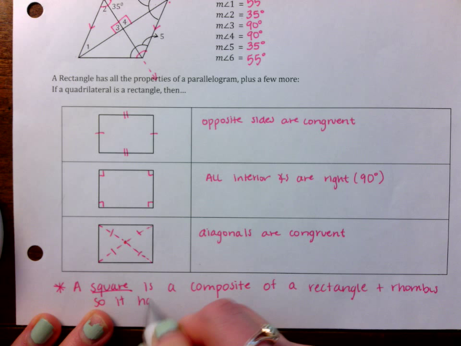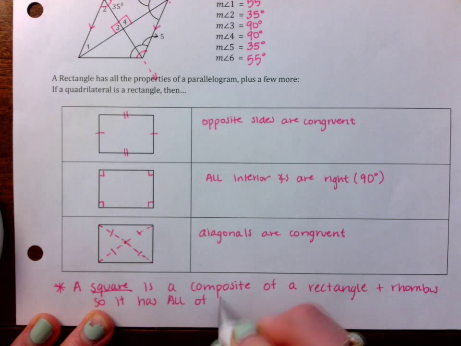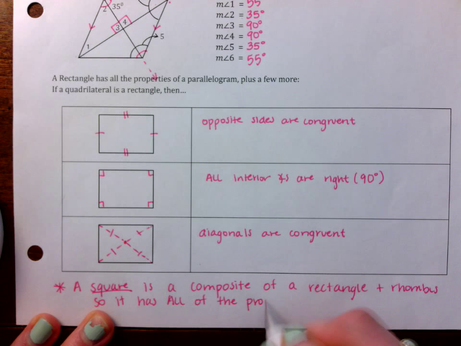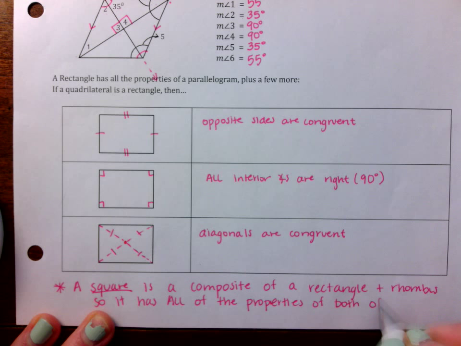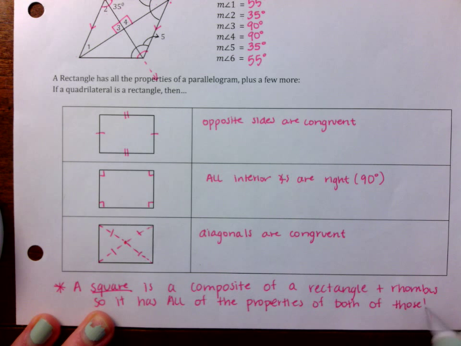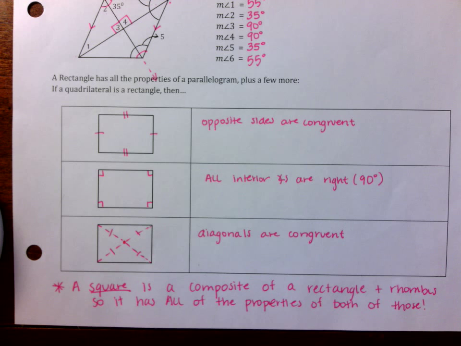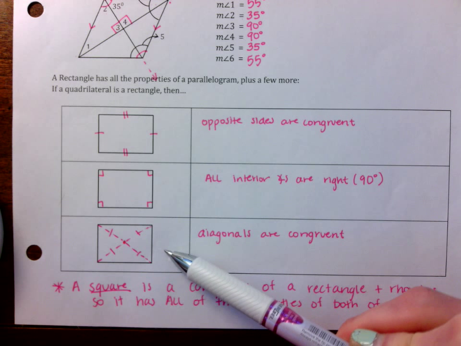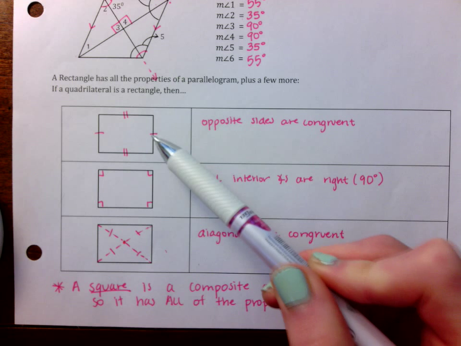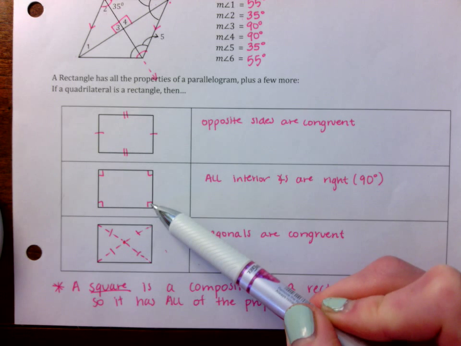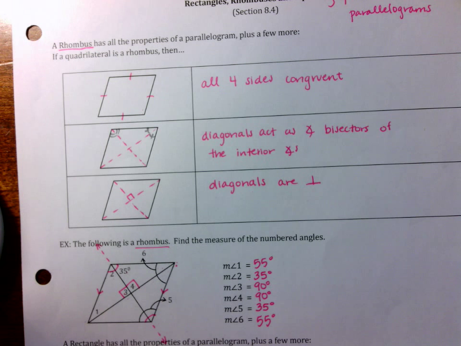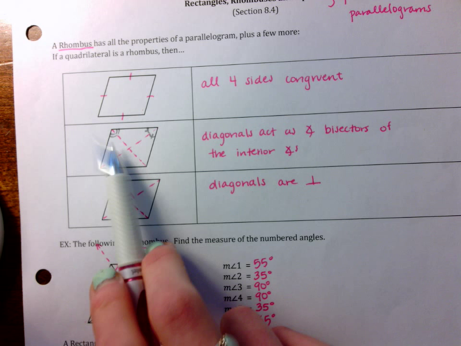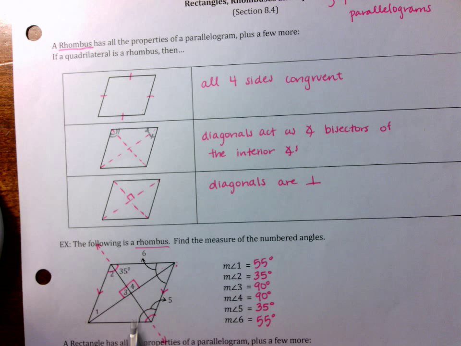So it has all of the properties of both of those. So not only does a square have diagonals that are congruent and opposite sides congruent, in fact all of its sides are congruent, it has all 90-degree angles, but it also has all of these properties, and you could check that by drawing one, where if we were to draw the square, the diagonals would be angle bisectors and they would be perpendicular.